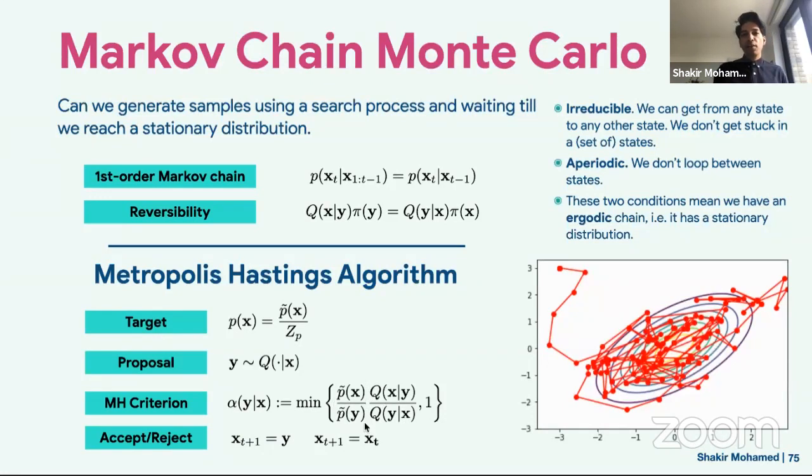To evaluate this important sample, you have to evaluate this on your entire data set. If your data set is 100 data points, that's fine. If it's 1,000 data points, that's fine. If it's 10,000, it's also fine. If it's 1,000,000 data points or more, then this thing becomes impossible to compute. So stochastic gradient methods then try to find approximate ways of computing this Metropolis criterion in an efficient way.